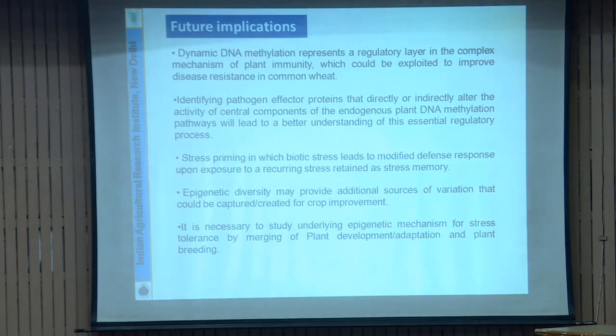We know something about DNA methylation, but not that much in detail in relation to different diseases in plants. So if we identify any pathogen effector proteins, then we may know what change this pathogen effector protein is producing in the host, what epigenetic change has happened in the host with respect to this effector protein.